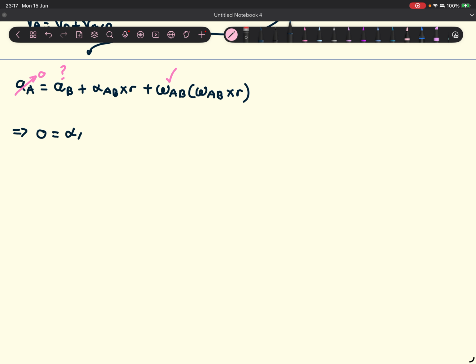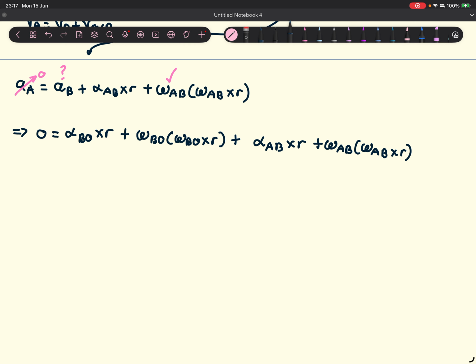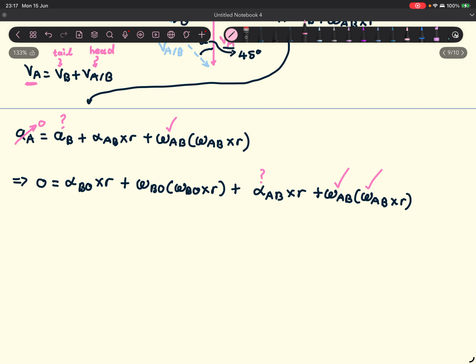We're going to have alpha BO crossed with R plus omega BO into omega BO crossed with R plus alpha AB crossed with R plus omega AB into omega AB crossed with R. So we have this term, we have the omega AB. We don't know that. And we also don't know this, and we don't know that.